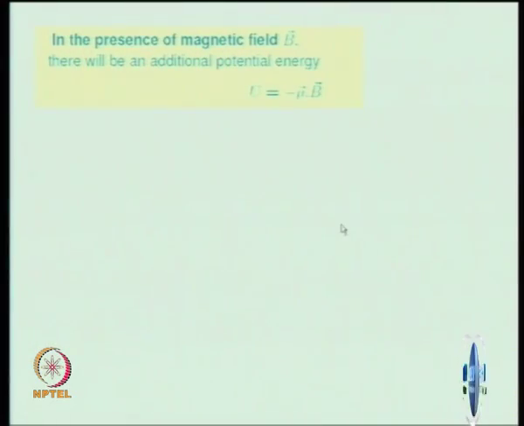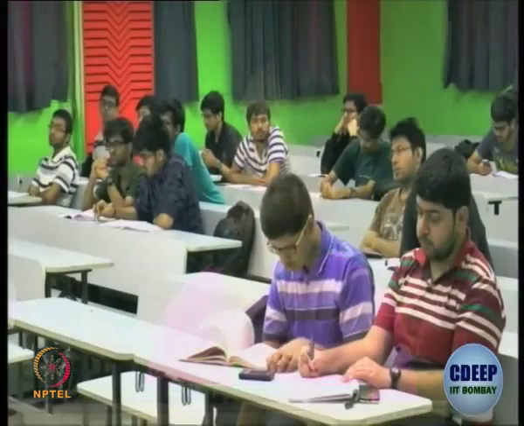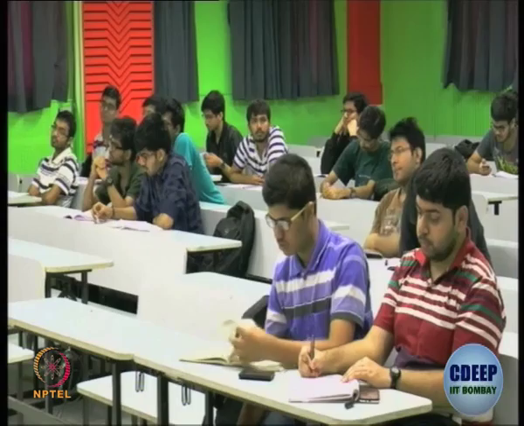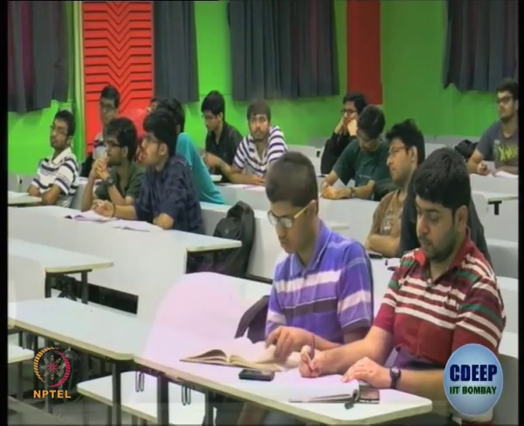Mu dot B. If you turn on a magnetic field and if the object has an orbital magnetic moment, there will be a mu dot B term. So, what is our aim? If we add this term, what happens? Experimentally, you all know what happens. There is a splitting, right? They start seeing that some of the levels which are degenerate, they separate. Right? This is what they saw. Can we see this from equations?